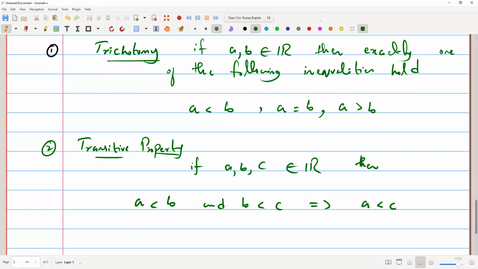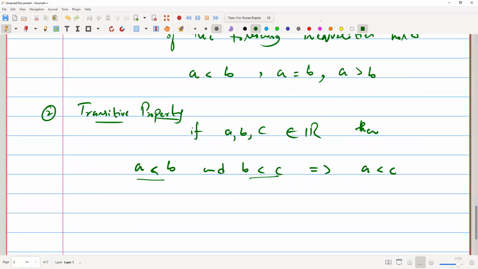So it transits, right? a is less than b, fine. Then b is less than c. Then ultimately a is less than c, because a is less than b and b is less than c.